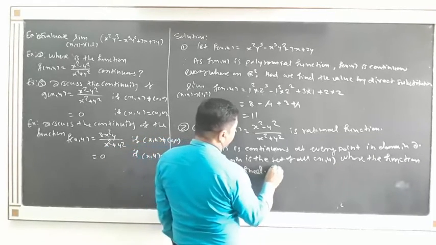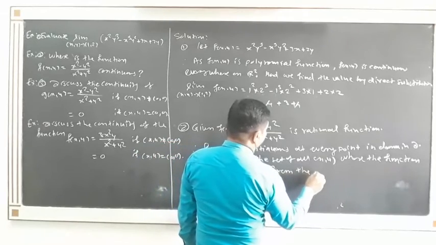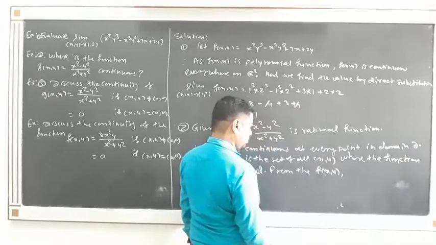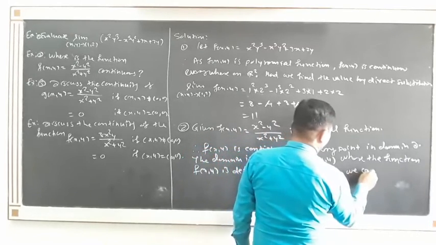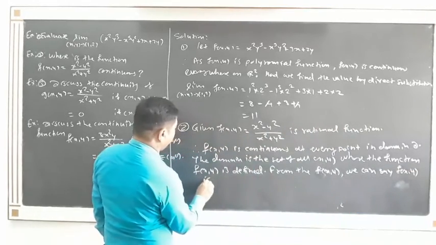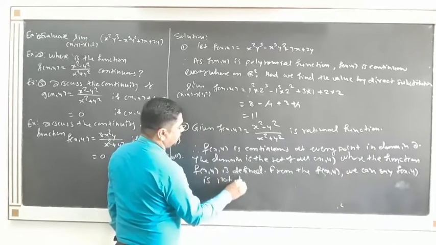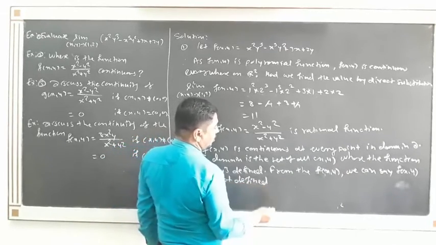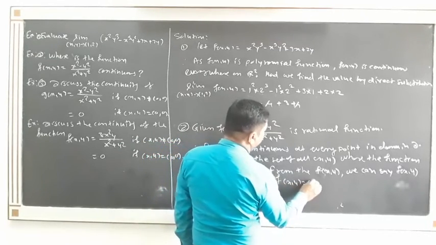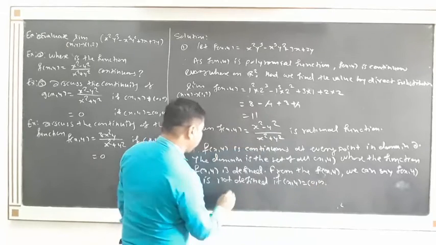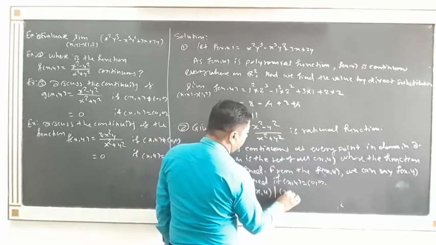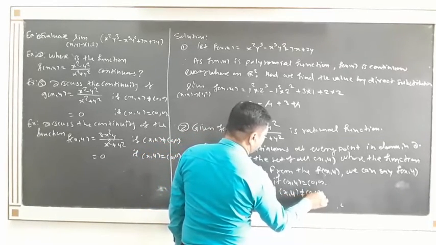From f of xy, we can say f of xy is not defined where xy is equal to 0, 0. So what is the domain? Domain is equal to what? All xy where xy is not equal to 0, 0.